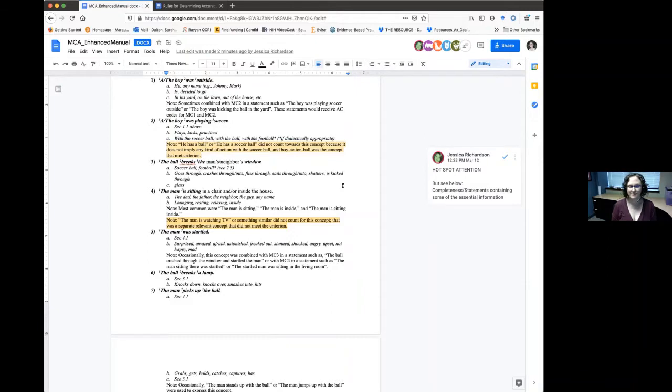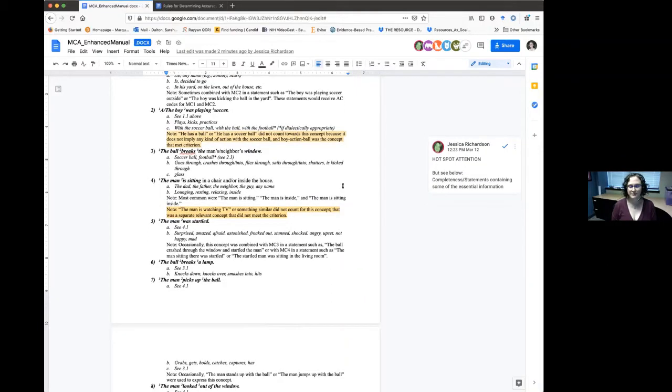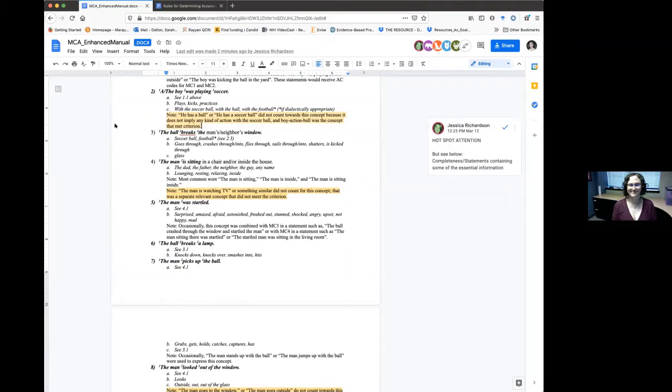Yeah, and we'll bring this up again when we talk about one of the rules, because as we point out here on the comment, the completeness rule about statements containing some of the essential information. Some of this information may partially apply towards the main concept if certain concepts haven't been addressed or that word isn't used for another concept.